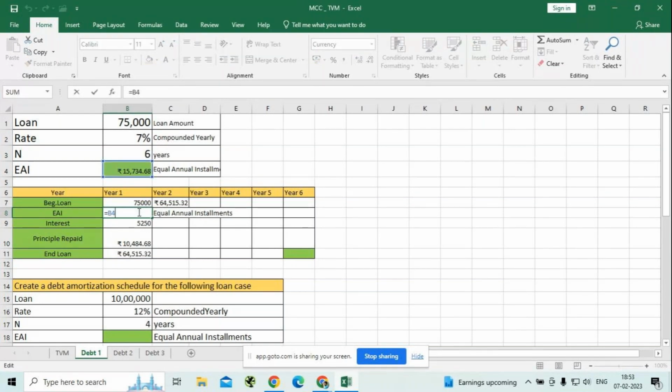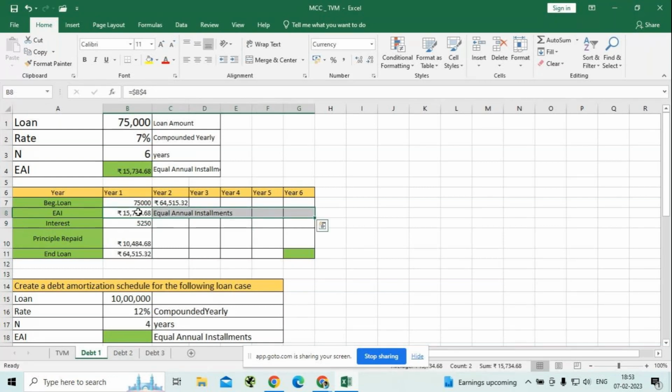So what is the shortcut key to freeze it? F4. Very good. So when I press F4, we are going to freeze it, enter. Now if I drag this for the other years, it is going to be the same amount.